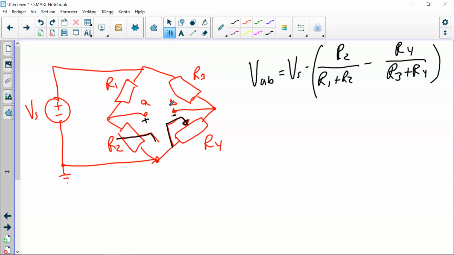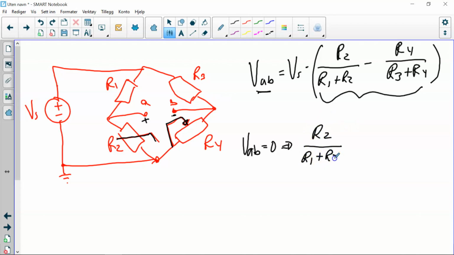If I have 0 volts across the terminals A, B, it means that this part of the equation is 0.